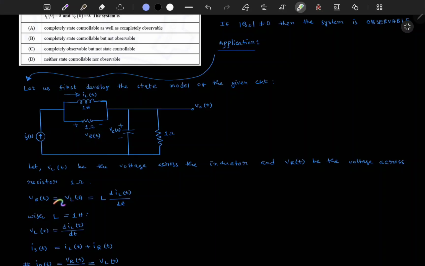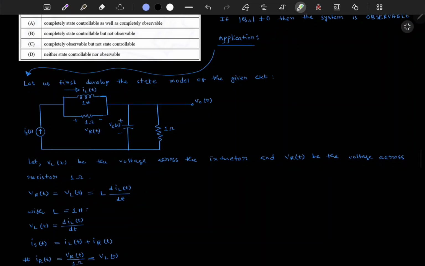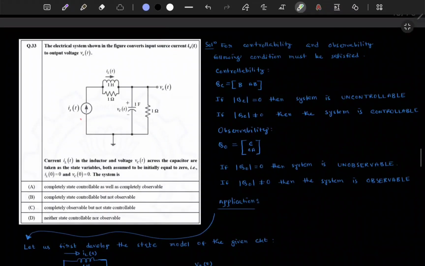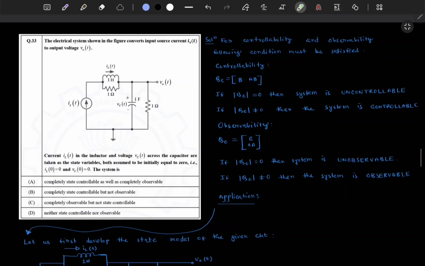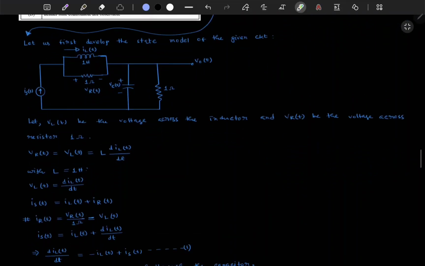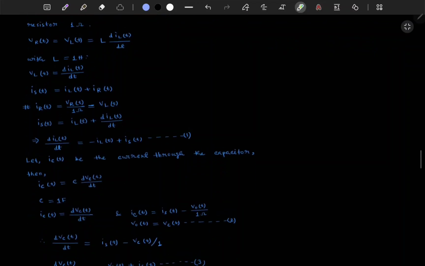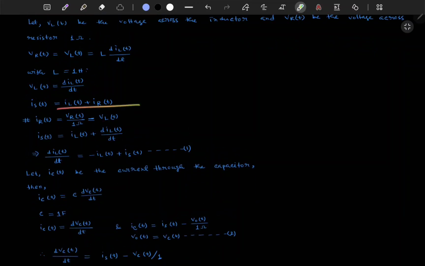So both are the same, and the inductor voltage equation is L dILT by dt, with L equal to 1 henry. The total current goes like this, so it will be the sum of these two branch currents: ILT plus IRT, the resistance current.